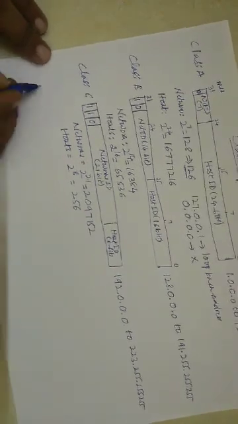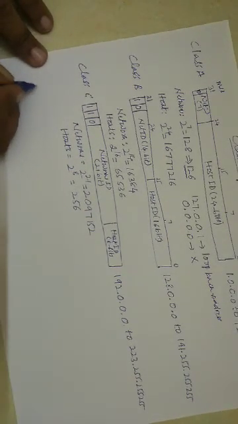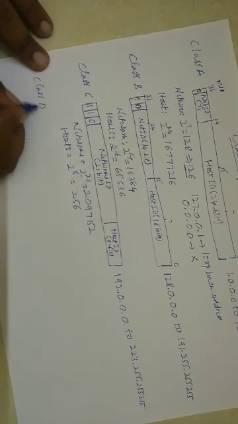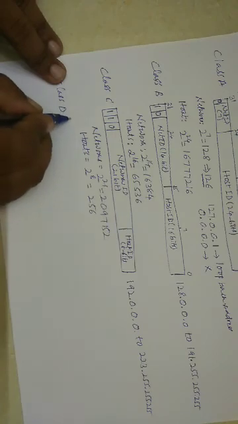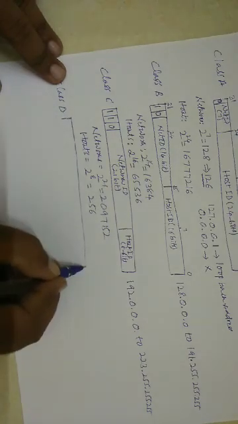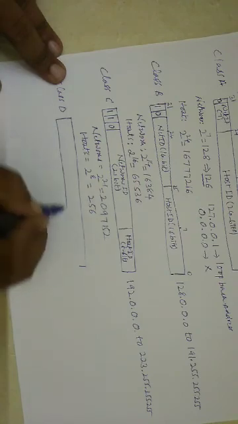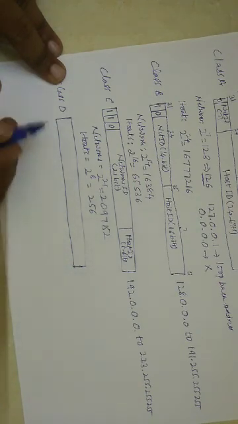Now we'll go for class D. Here we only need to remember the class identification bits and the range of the IP addresses.